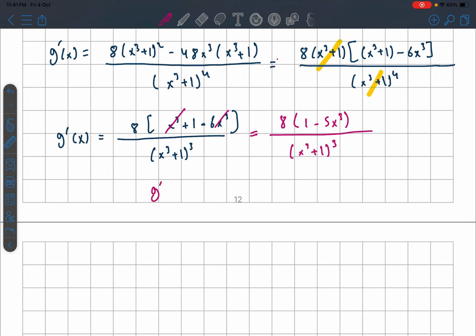So g prime x will be x cube plus 1 power of 3 and 8 1 minus 5x cube.